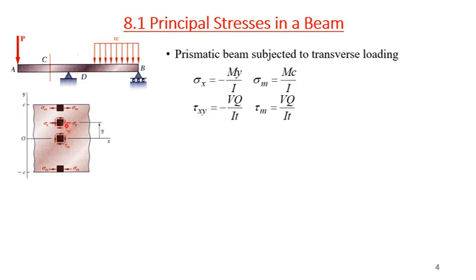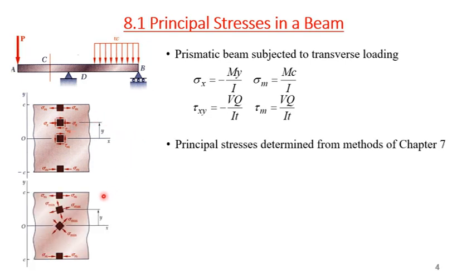Now there is a possibility that the maximum principal stress or maximum shear stress lies over here instead of at the top surface or at the neutral axis. If we talk about the top surface, there is no shear stress, so these are my principal stresses.